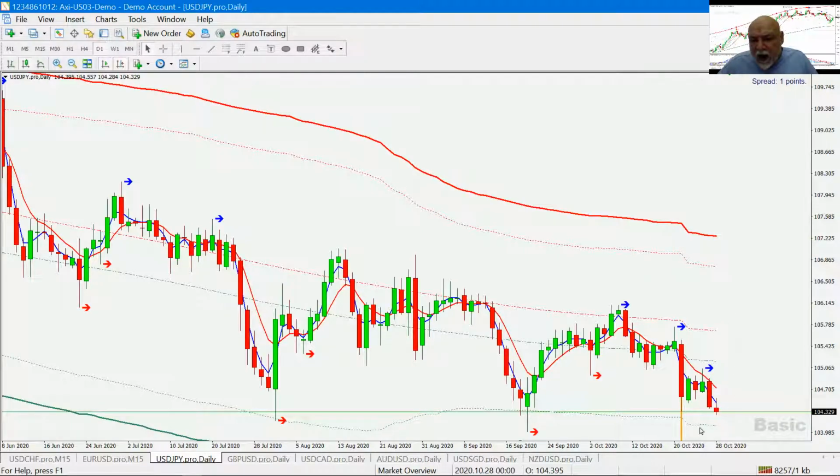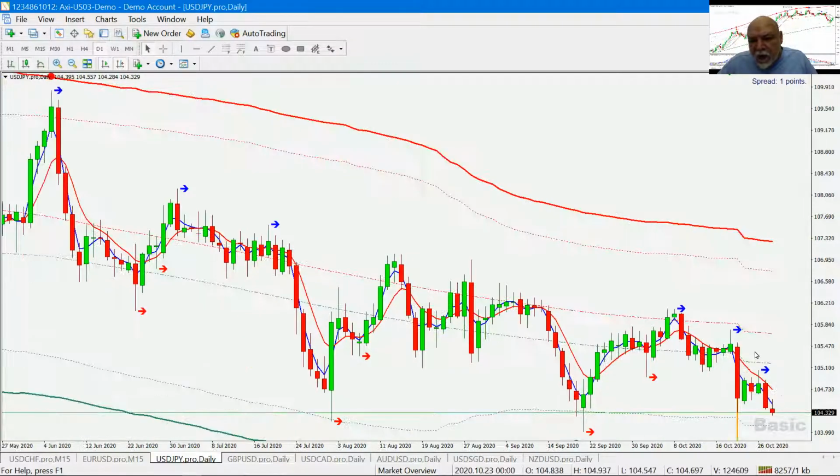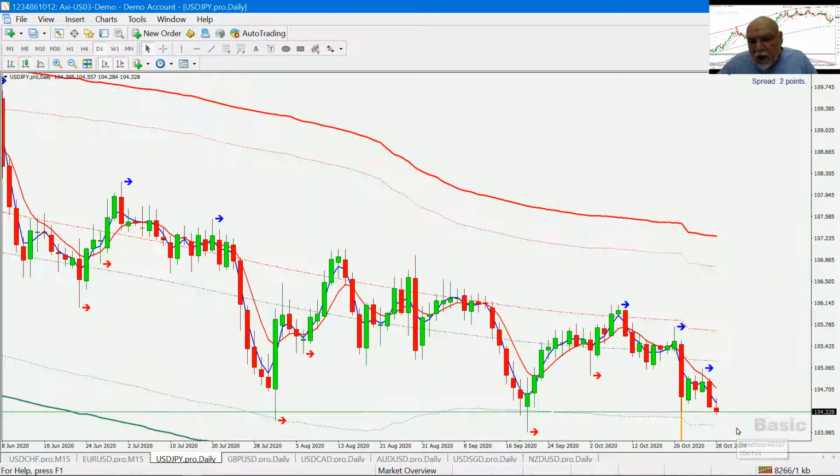So here again, based purely on the majors, we don't have anything that is telling us to take a trade. We might soon, at the end of today, see a possible trade to the long side.